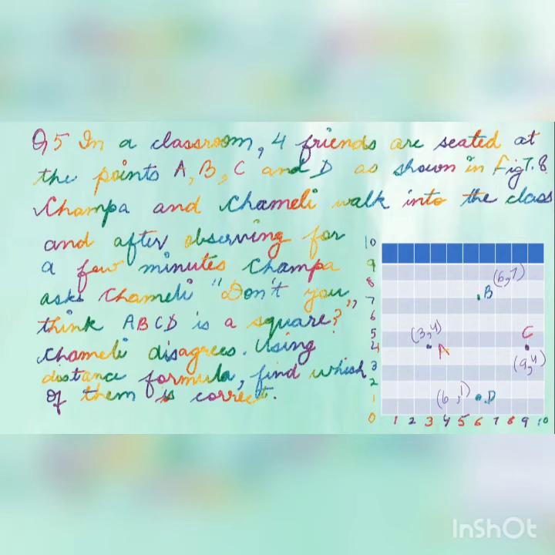Now what will we be doing? Just calculate all the sides. If they are equal and if the two diagonals are equal, then we can say it is a square. So just write, see the figure in the book.